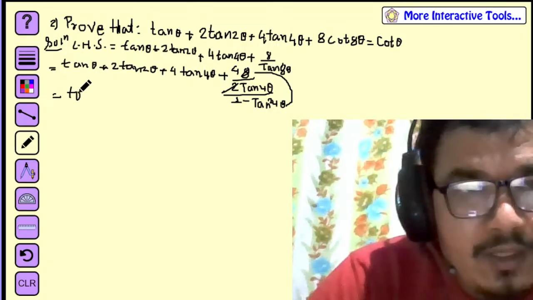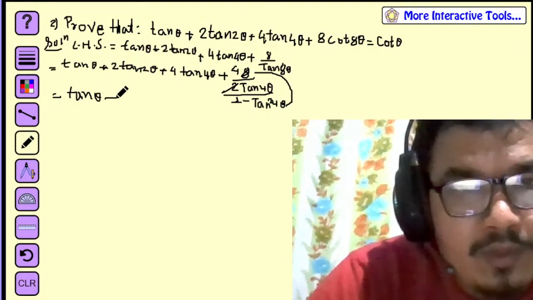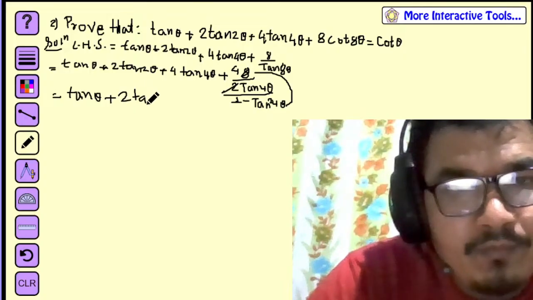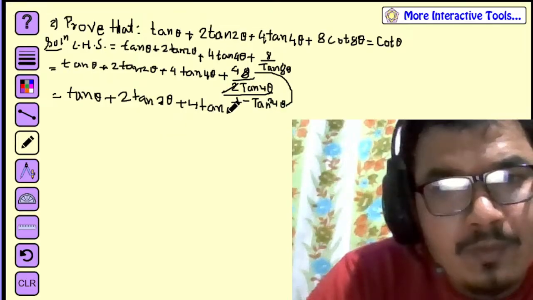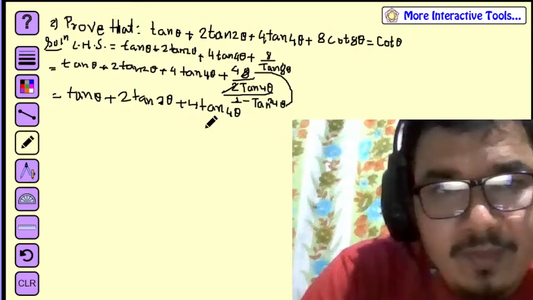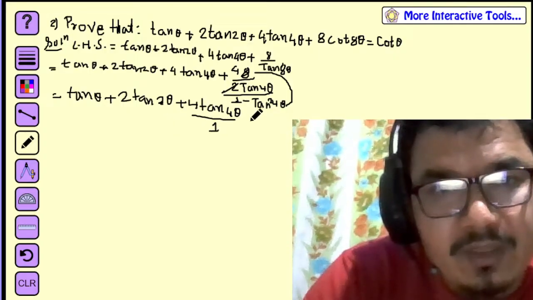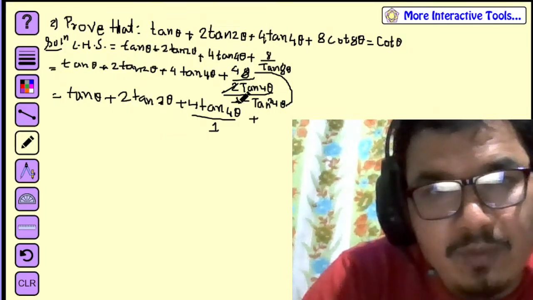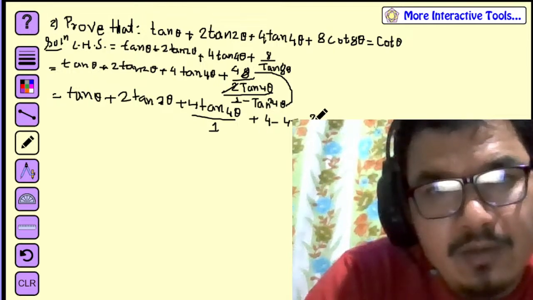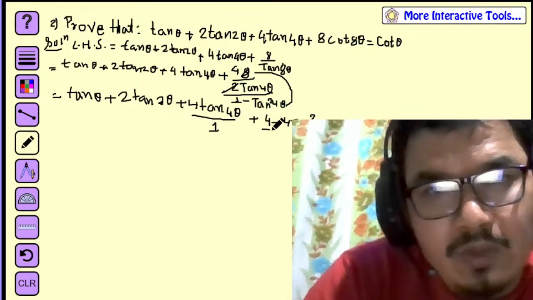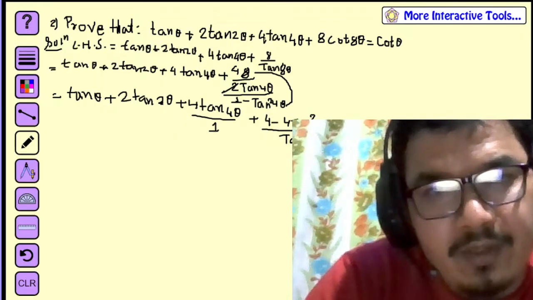So tan theta plus 2 tan 2 theta plus 4 tan 4 theta, here it is 1, expressing in fraction form, plus 4 times 1 minus 4 tan square 4 theta, whole upon tan 4 theta.